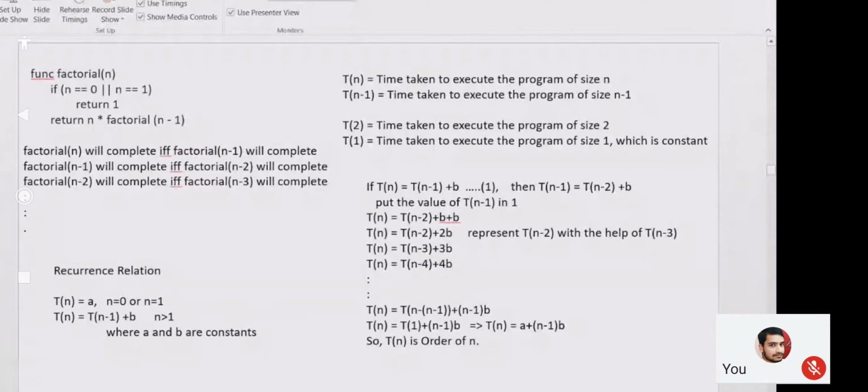Similarly, T of n minus fact of n minus 2 will complete if and only if fact of n minus 3 will complete. So that's why we can represent T of n minus 2 by T of n minus 3. So we can write T of n is equal to T of n minus 3 plus 3b.